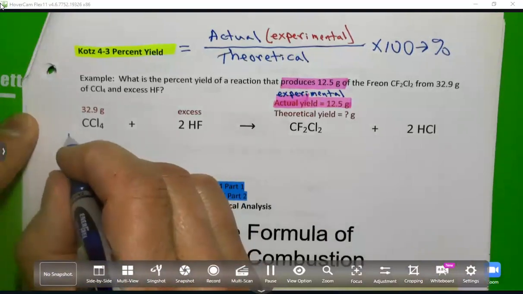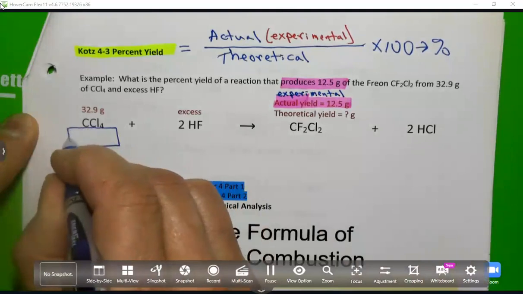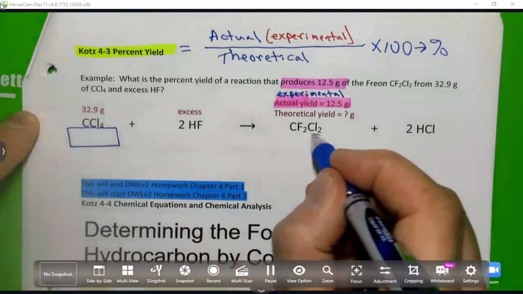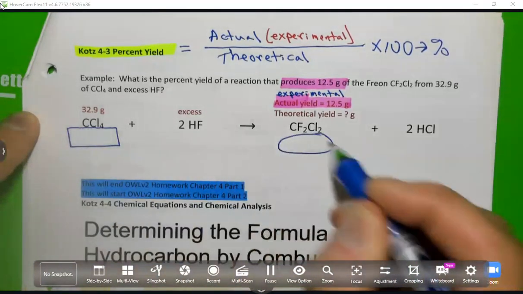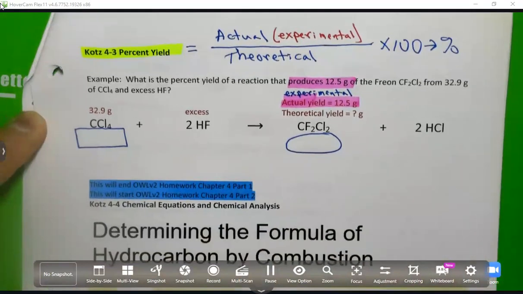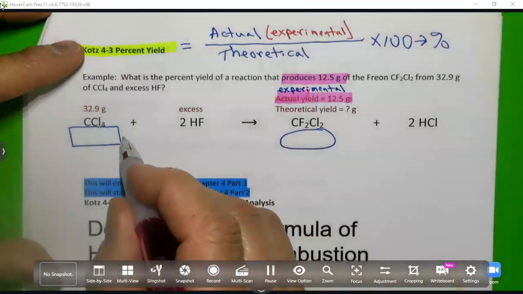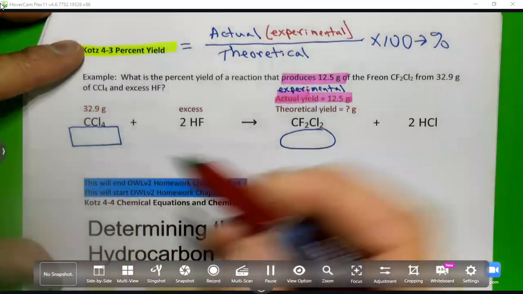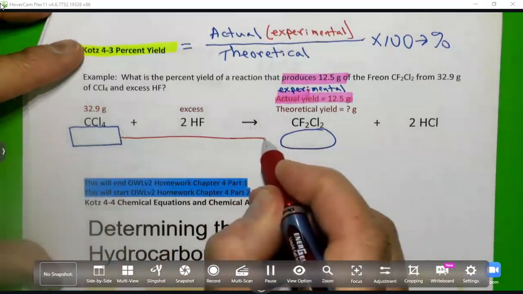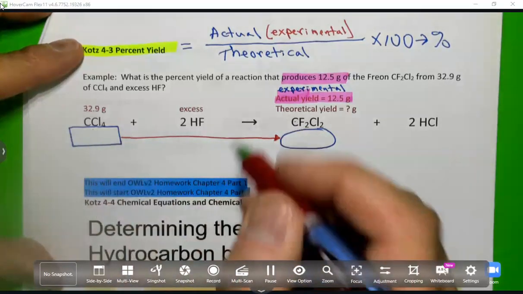So we're going to convert grams to moles, moles to moles, and then moles back to grams. And then the mole ratio step right here, this is just 1-to-1, right? 1-to-1.